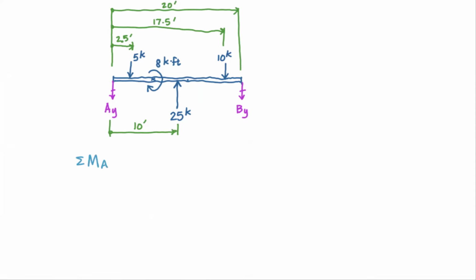Summation of moments about A is equal to 0, and we're going to use a convention of counterclockwise positive and assume B sub y is down. Okay. First term, 5 times 2.5 sign negative. Next term, 8 sign negative.